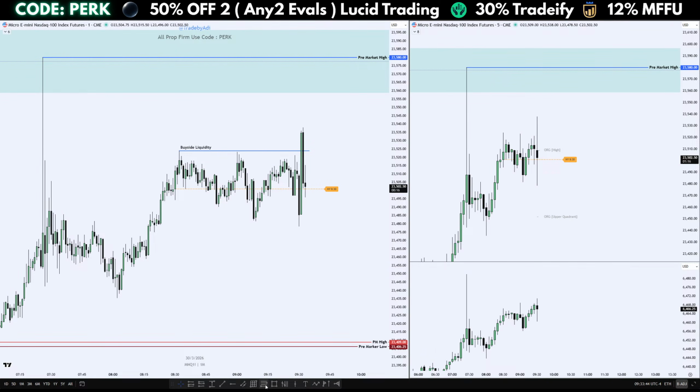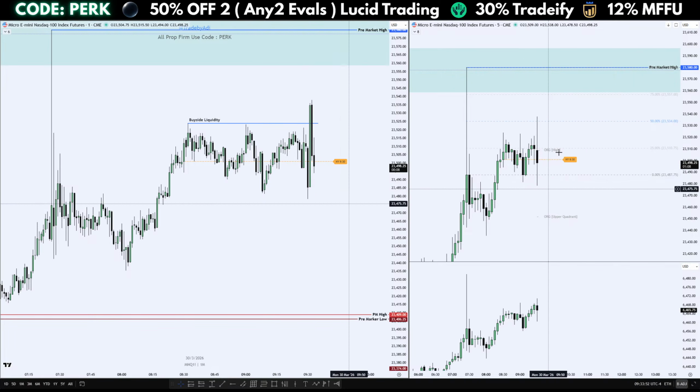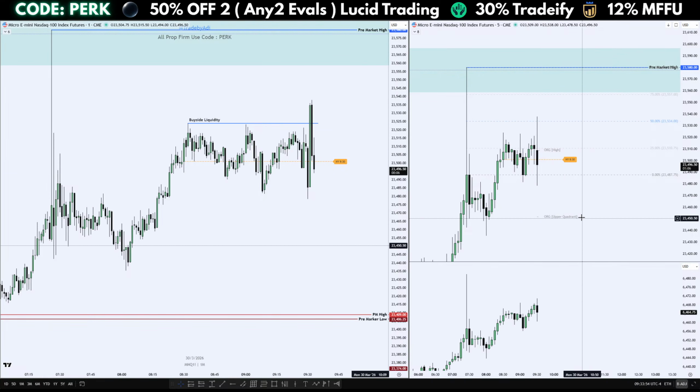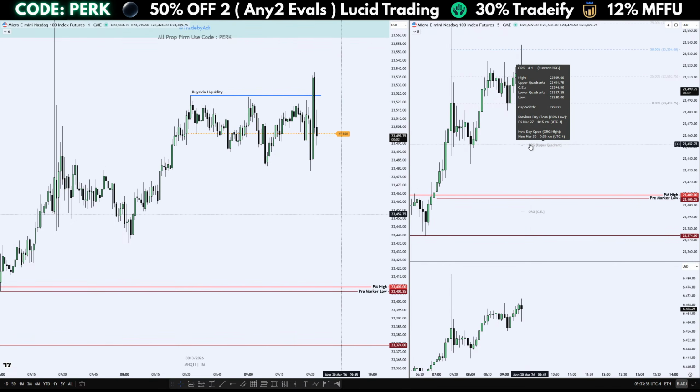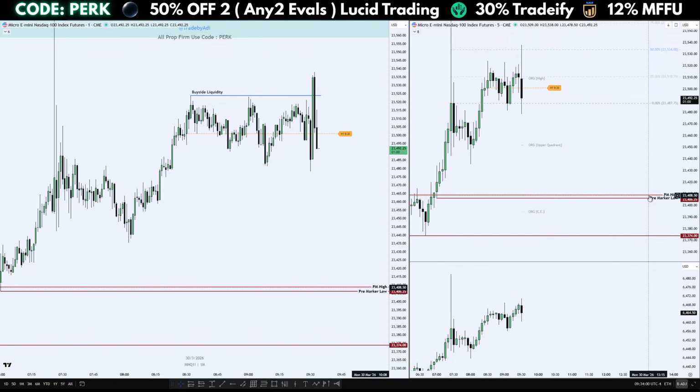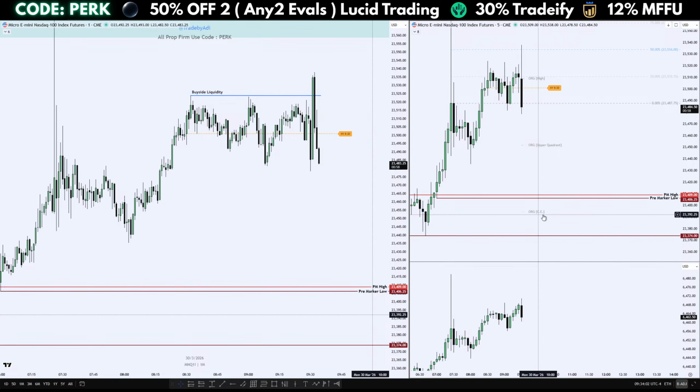Let me mark down this 50% of this week. Okay, so we are getting a reaction from this 50% of this week. We'll see how the 5-minute is, and we do have this quadrant level, the 25%, 50%. Below the 50%, if you see, we are also at the pre-market low.